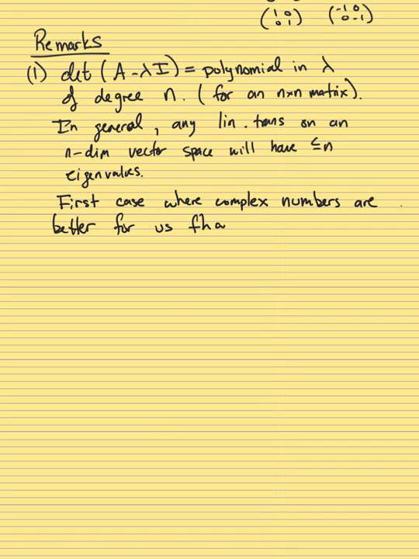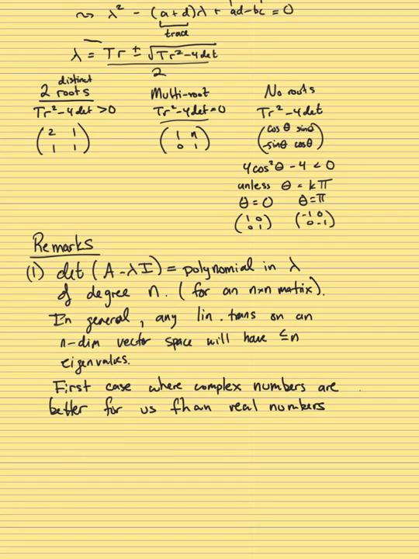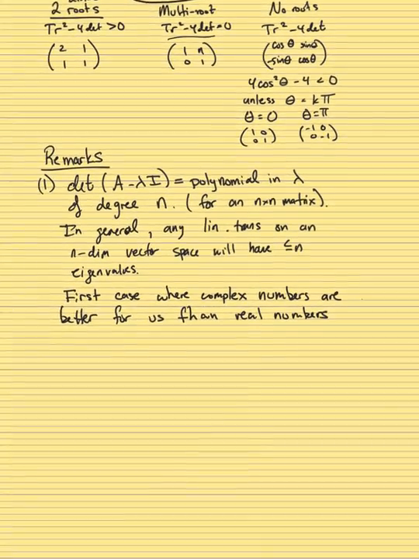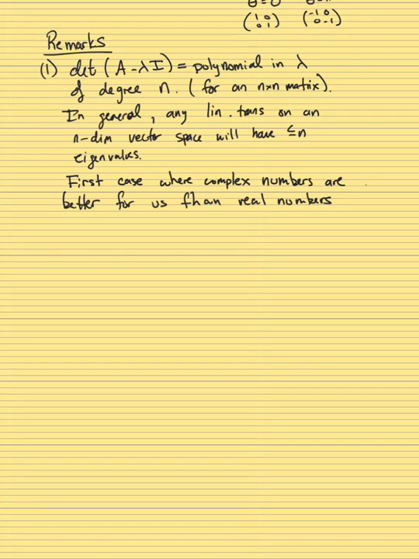And the reason for that is, if we go back to this equation for the eigenvalues, you have to remember that if you have a 2 by 2 matrix, this is inducing a linear transformation from C2 to C2. Okay?